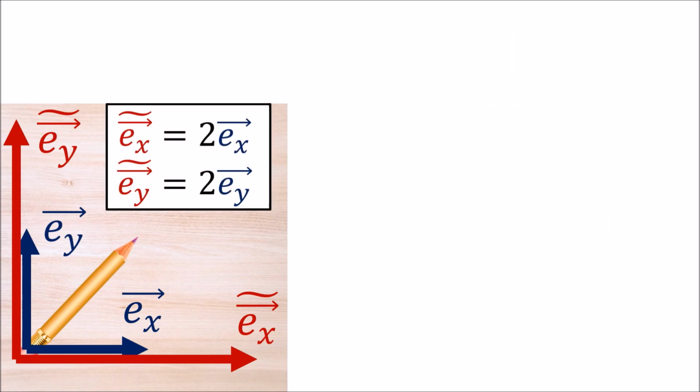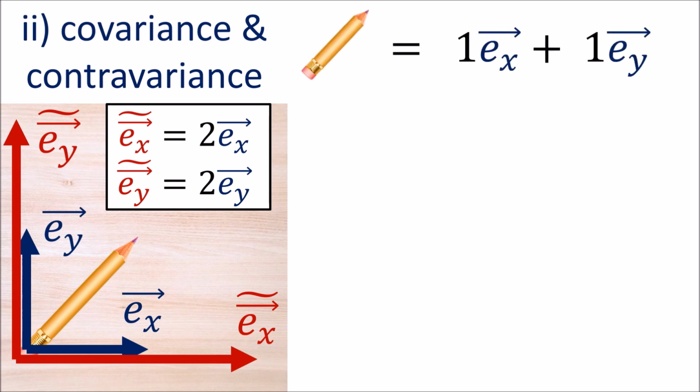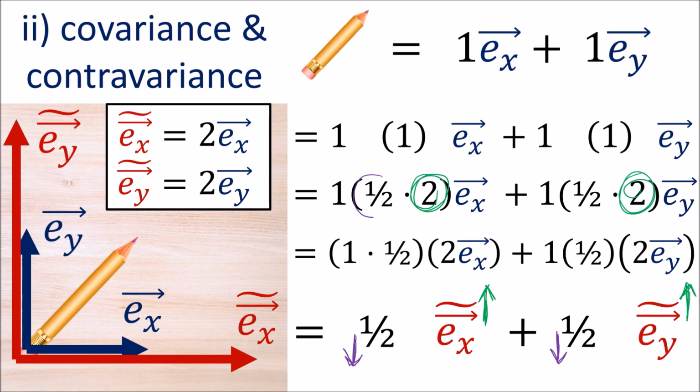The second important idea was the idea of covariance and contravariance. These ideas tell us that when the basis vectors change in one way, the vector components must change in the opposite way. For example, when writing the expression for this pencil vector, we can make the basis vectors twice as big, and in exchange, the vector components must become twice as small in order to balance out and make the equal sign still valid.